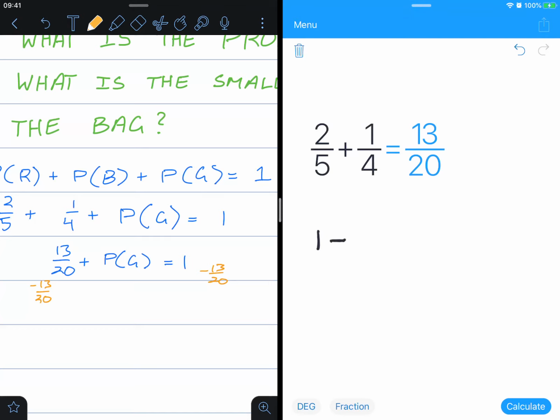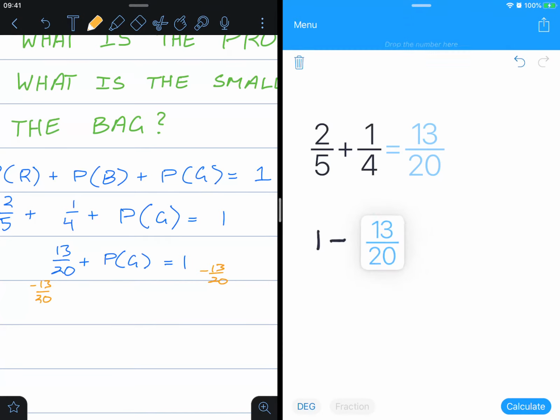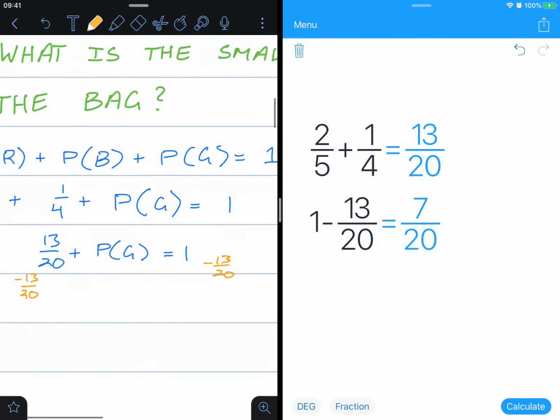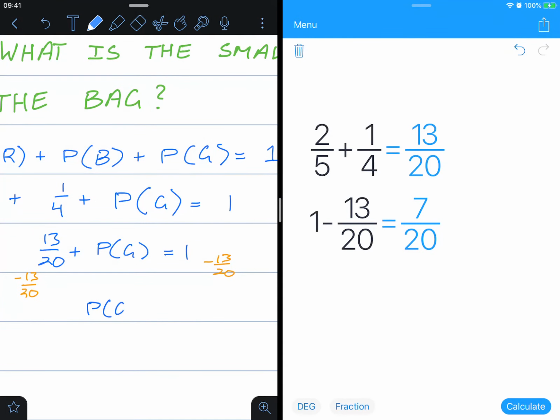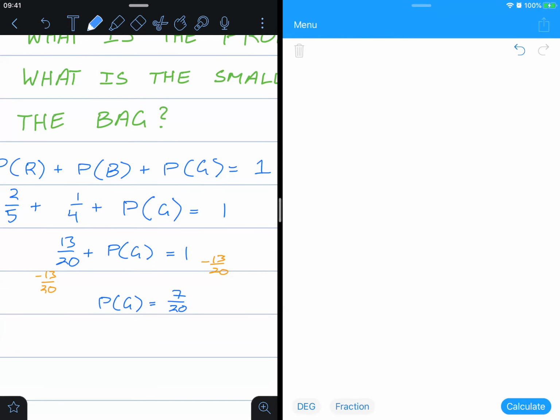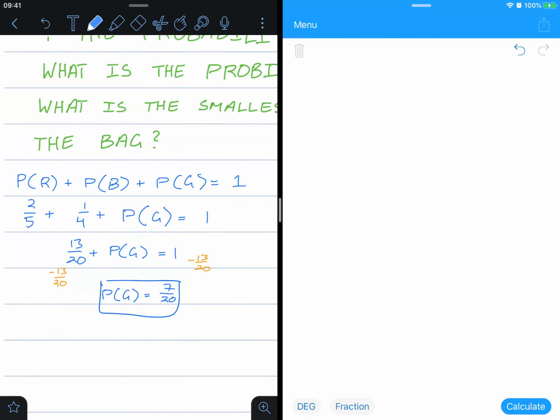So 1 minus our answer here gives us the probability of green being 7 out of 20. So the probability of green is 7 out of 20.